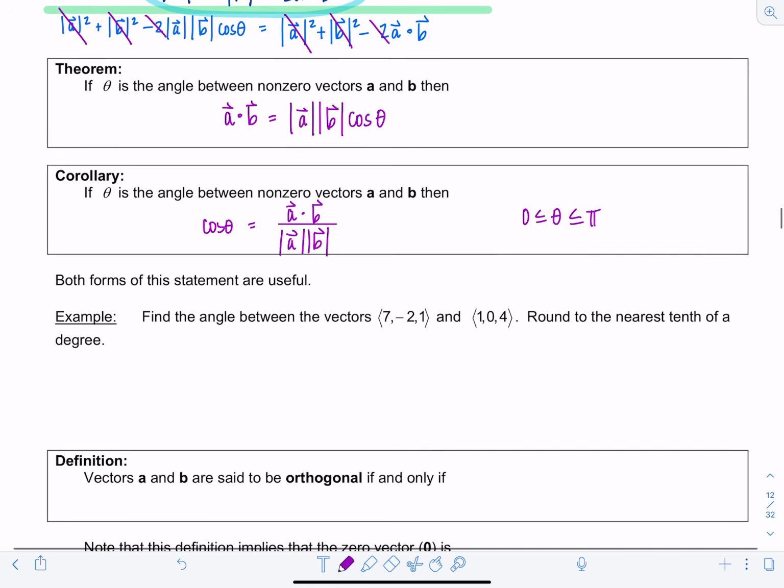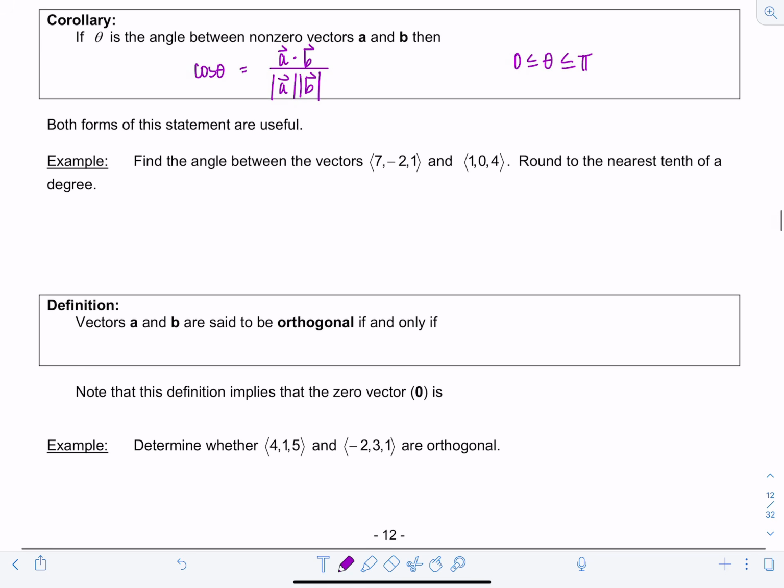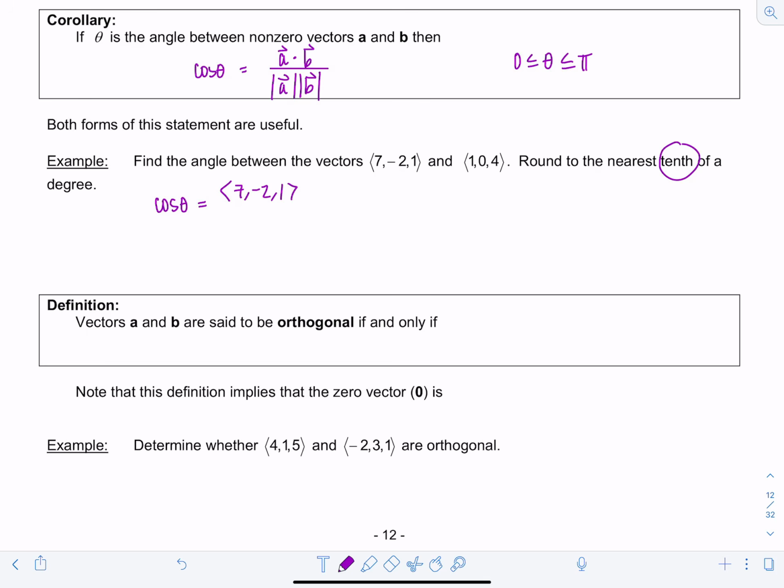Find the angle between the vectors 7, negative 2, 1, and 1, 0, 4, and then round to the nearest tenth of a degree. That's 1 decimal place. Okay, so we're going to have cosine theta is equal to 7, negative 2, 1, dotted with 1, 0, 4, over the magnitude of each of these vectors.